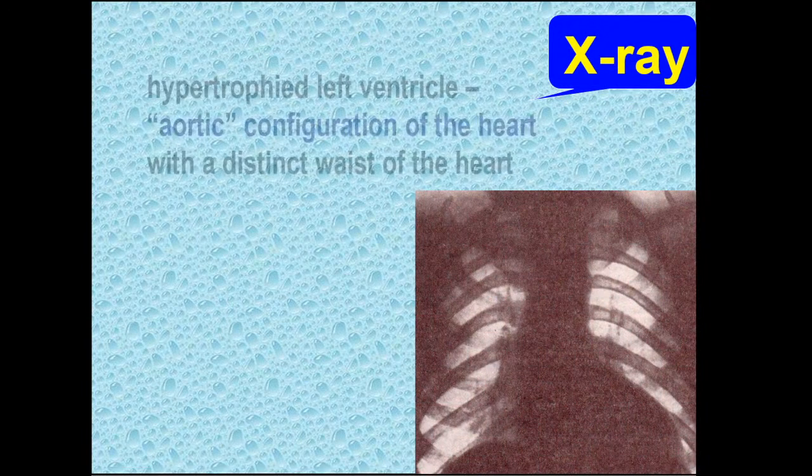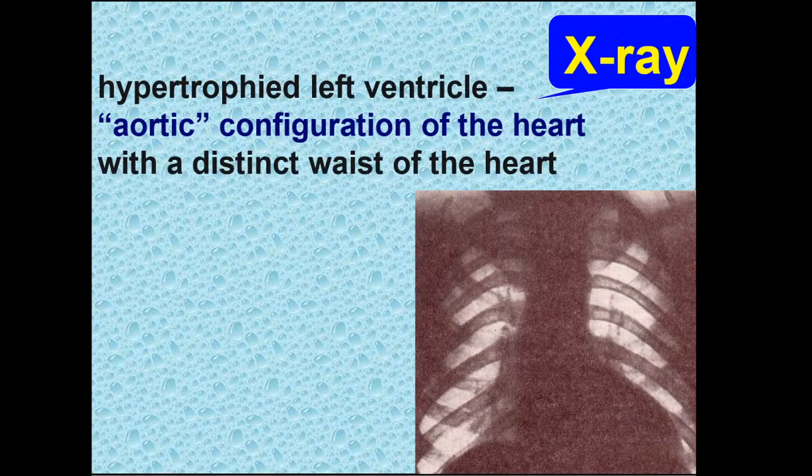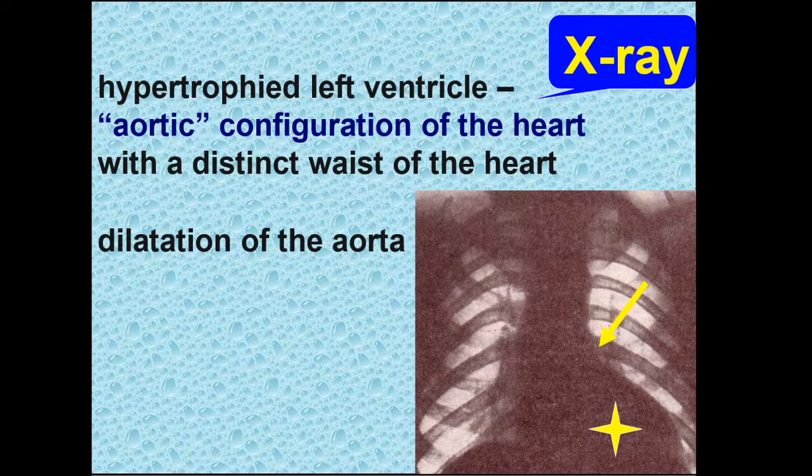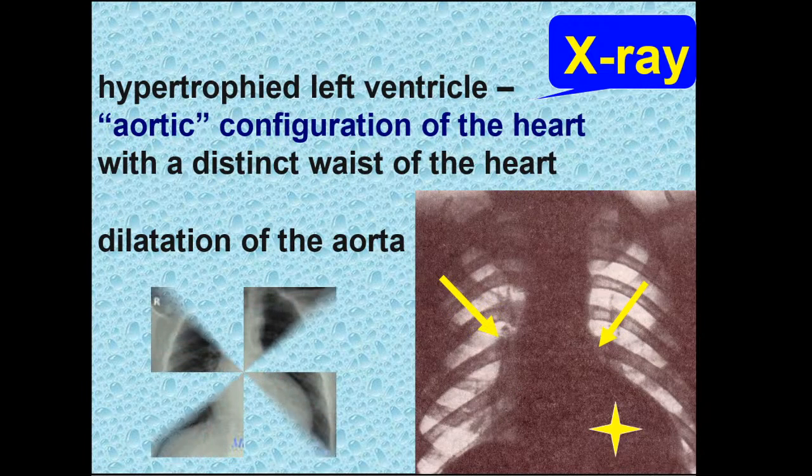On X-ray examination, there is an aortic, boot-shaped configuration of the heart due to significant hypertrophy of the left ventricle. Sometimes dilation of the ascending part of the aorta may be revealed due to ejection of increased blood volume at the beginning of the systolic period.